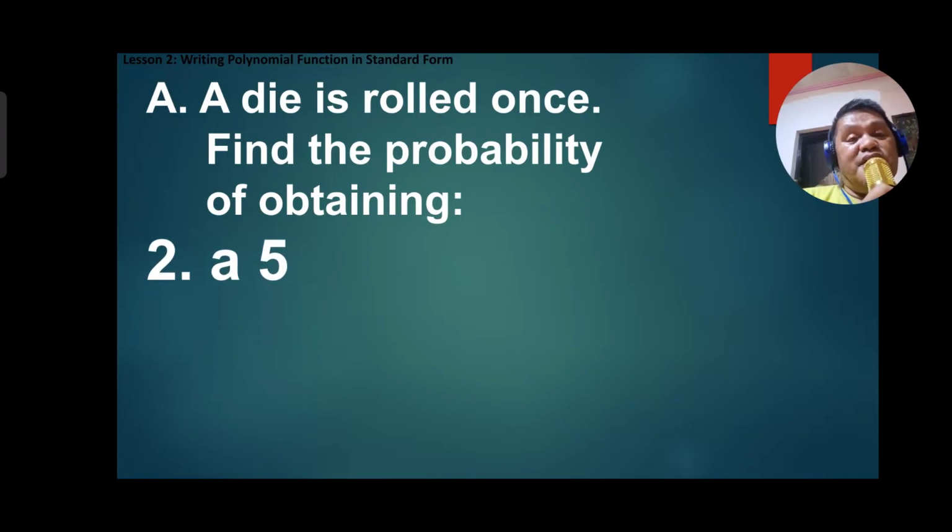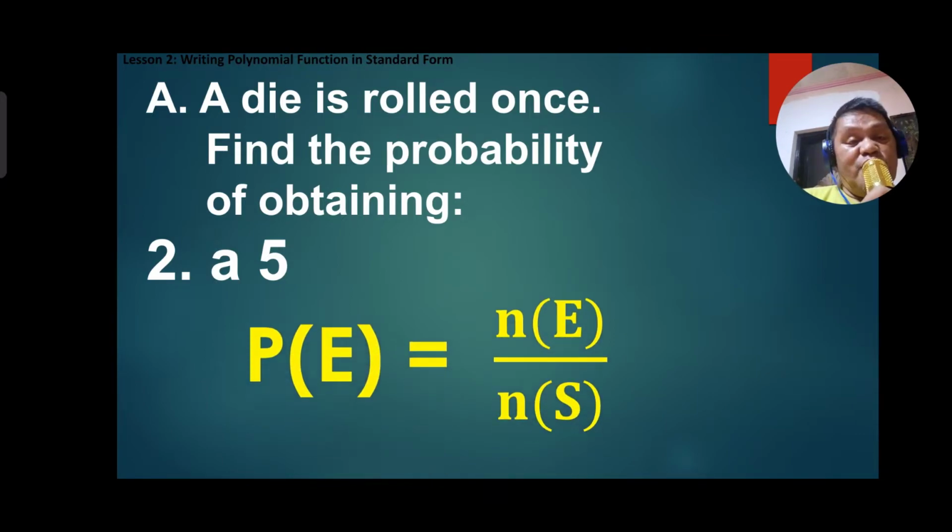Number 2, the same experiment. Now we are getting a 5. We are going to use the formula: the probability of an event is equal to the number of outcomes in the event over the number of outcomes in the sample space.